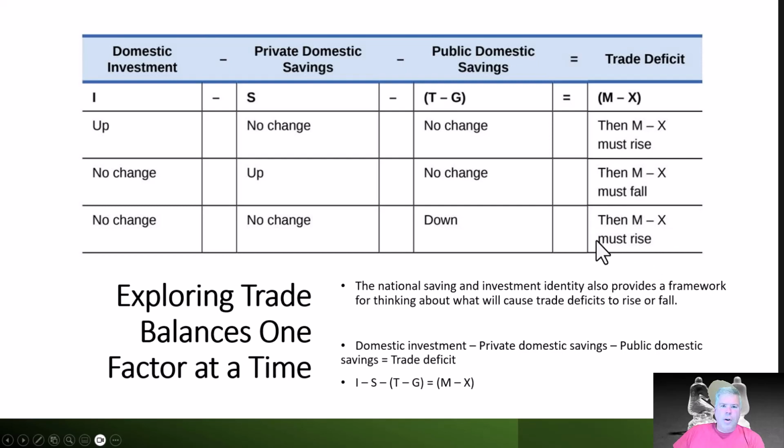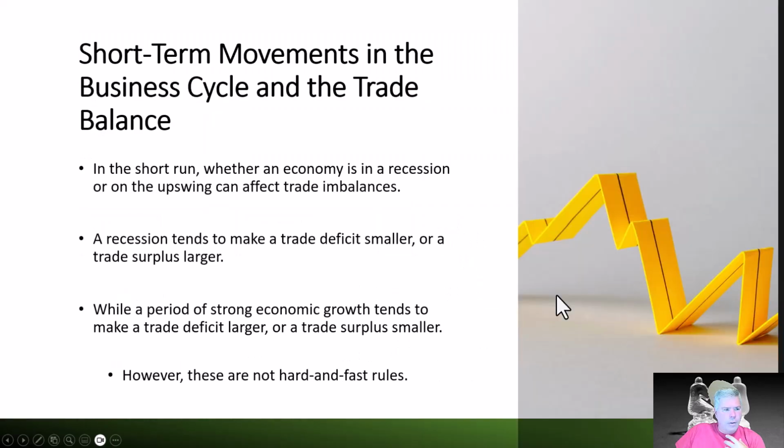So if you go into the presidential arguments we saw in 2016, 2020, 2024, and domestic investment and private savings aren't changing, if you want the trade deficit to get better, you actually have to have the government spend less or tax more, and that's going to drive your trade deficit down.